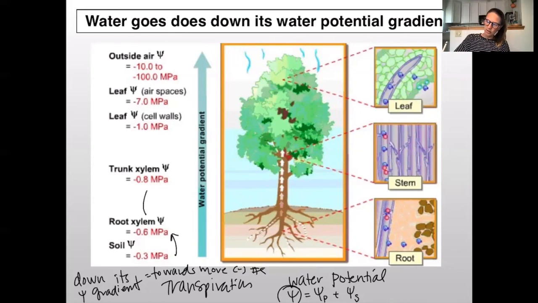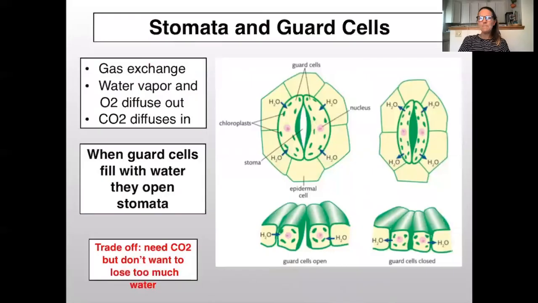Then it's going to go into the trunk xylem because that's more negative. Then into the leaves, that's more negative. Then eventually water is going to flow out into the air because the air has a more negative water potential than anything else. So this really drives water down its water potential gradient up the tree. All right.